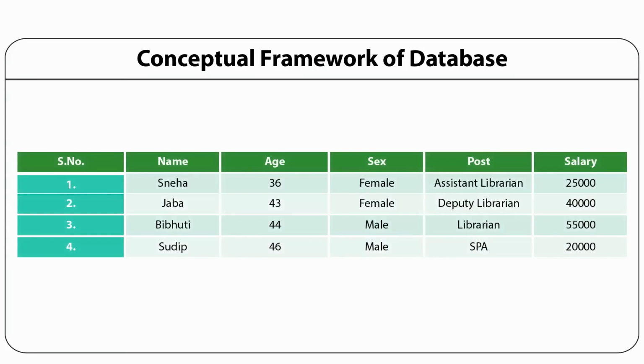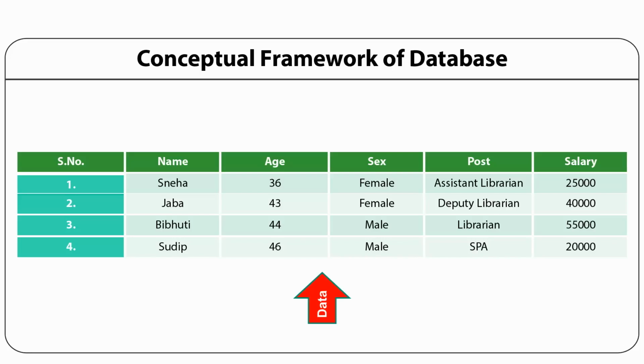So students, we have so far seen the definitions of database. Now we will show you the conceptual framework of a database. A common table drawn on a paper is the simplest form of a database you can have. In this table, as it is represented in the present slide, you have rows and columns.